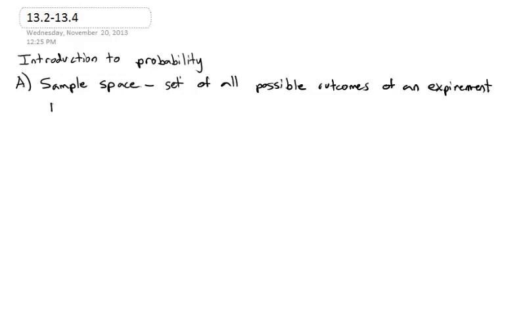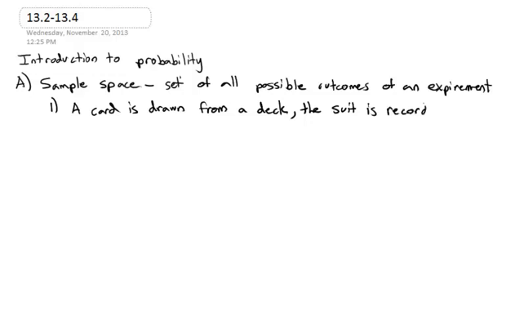So, for example, if a card is drawn from a deck, a standard 52 card deck is what we'll always work with, and the suit is recorded. So this is an experiment to find the suit.